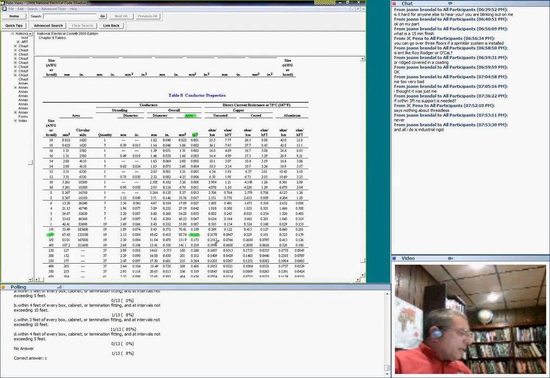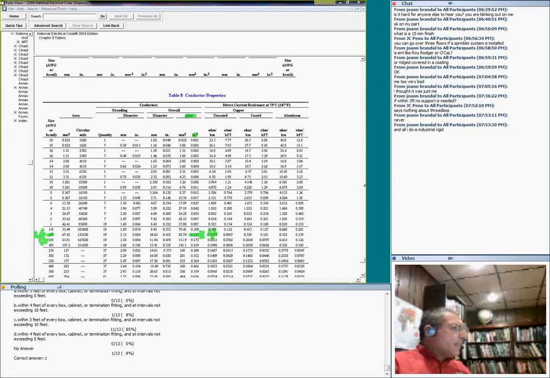Here's the cross-section area of a number 2 bare conductor: 0.137. So we have 4 of these bare conductors. You multiply this number by 4, and then go back to Table 4, and it will tell you how many number 2 bare conductors you can fit in an EMT conduit.